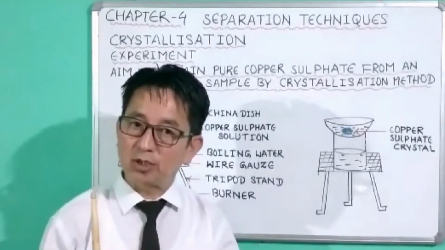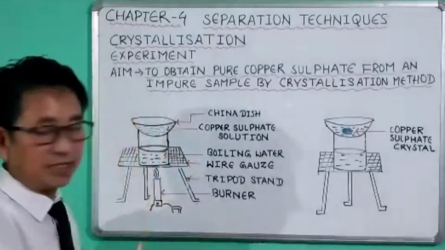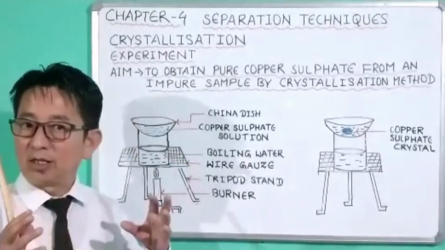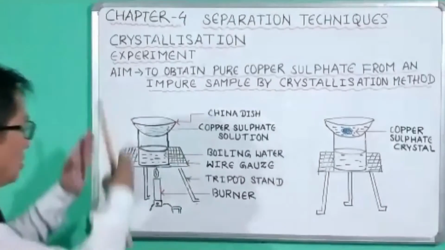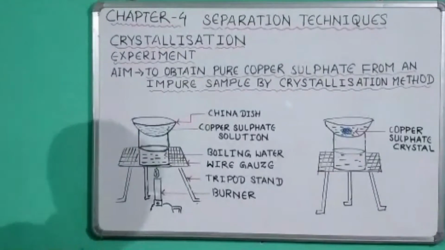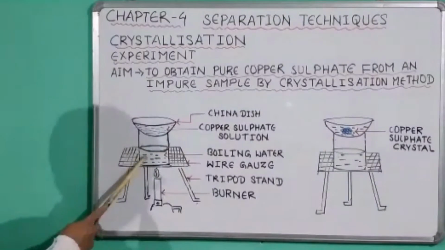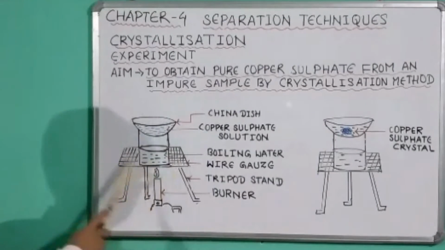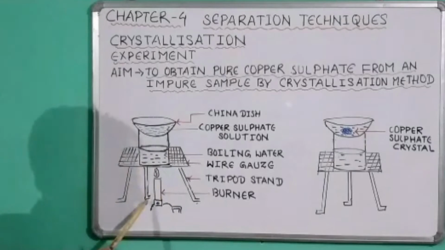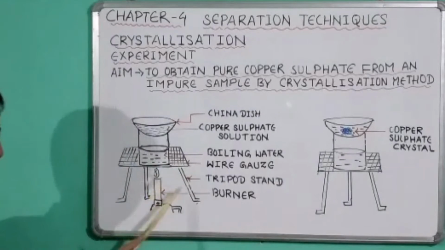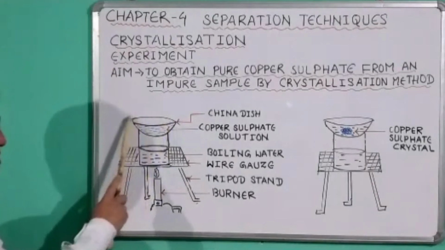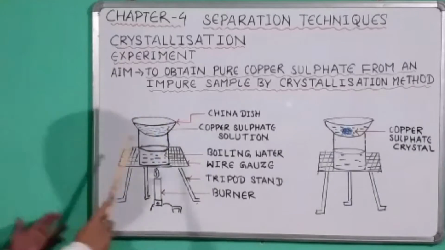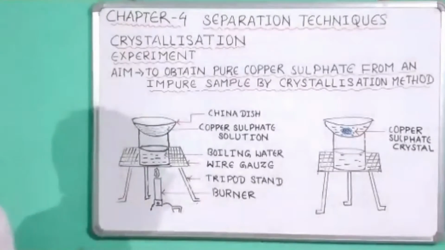Again, take that solution in the china dish and select the equipment which is shown in the diagram. Here, a beaker containing water, this is wire gauze, this is tripod stand, burner, and this is the china dish containing the copper sulfate solution.